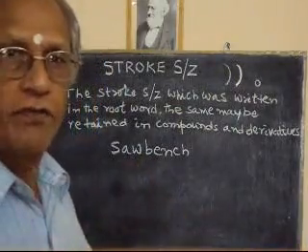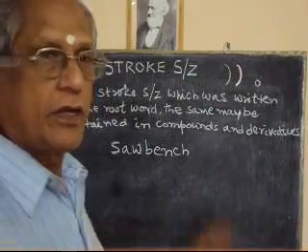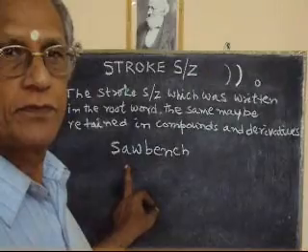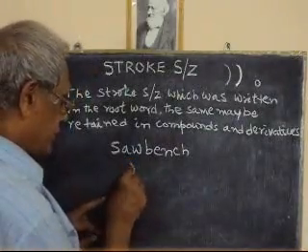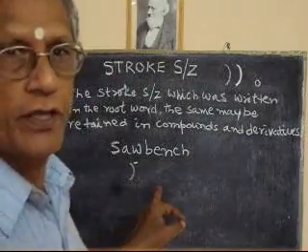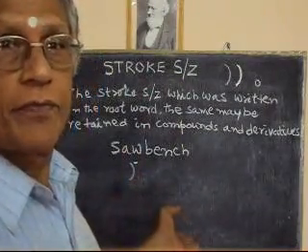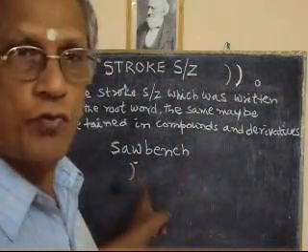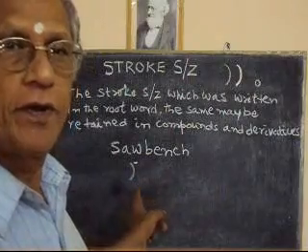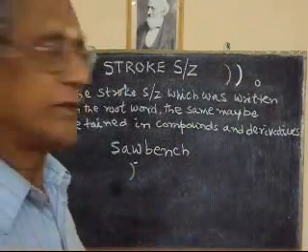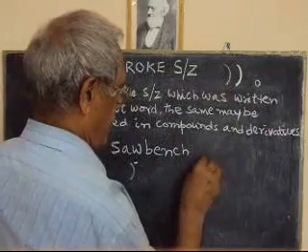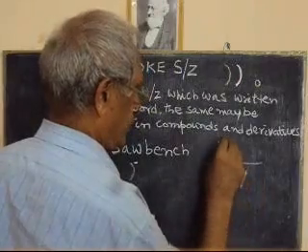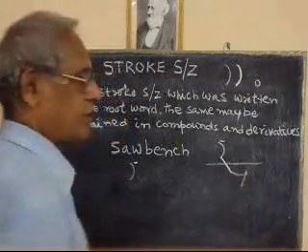In the word saw, stroke S is used. So when it has become a compound word with bench, the stroke form which was written in the root word may be retained. Saw bench.